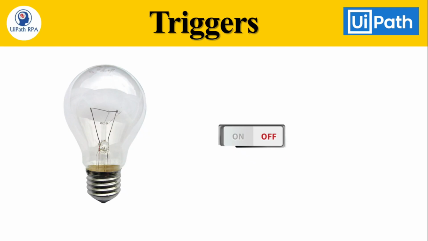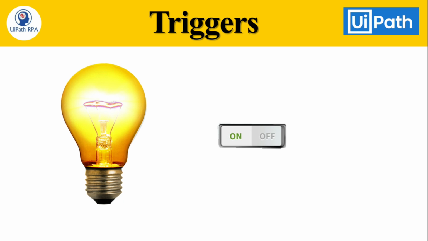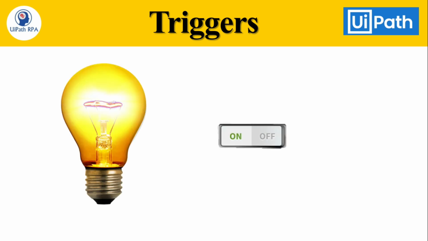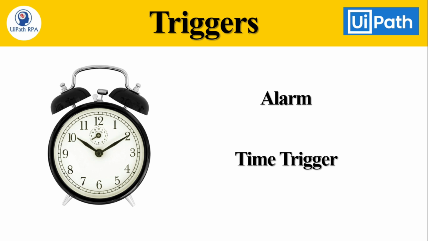Let's take a real life example to better understand triggers. Imagine your house light turning on automatically when it gets dark outside. That's a trigger at work. When you switch on the light, your light is on. When you switch off, your light is off. Your alarm clock rings at a specific time. That's a trigger, you can say a time based trigger.